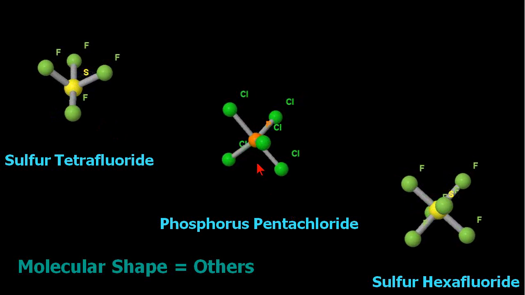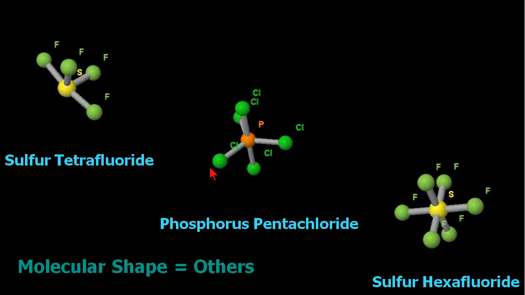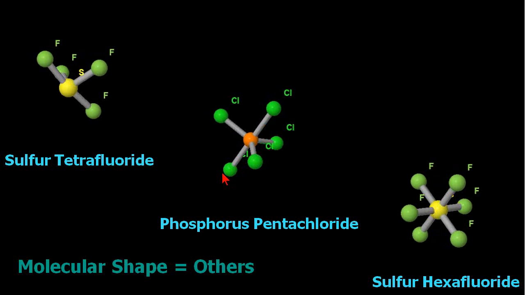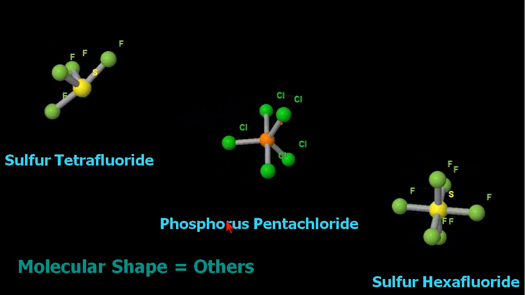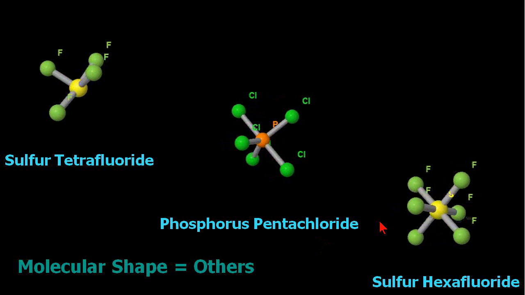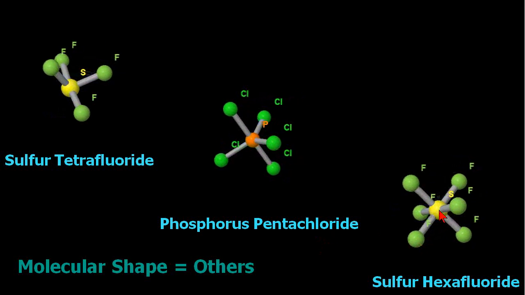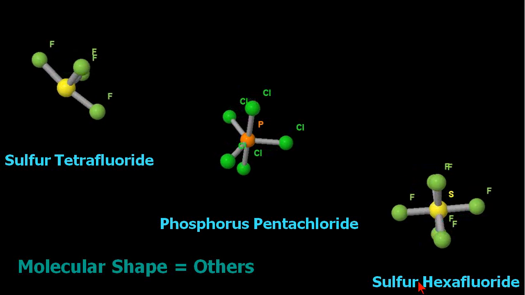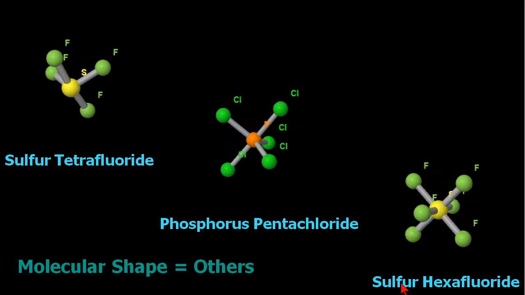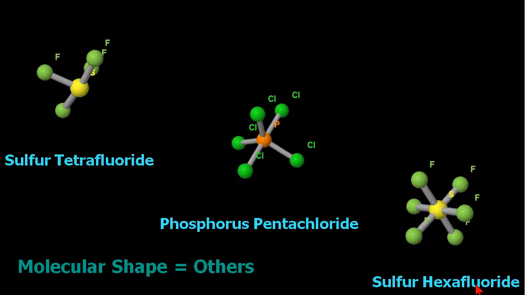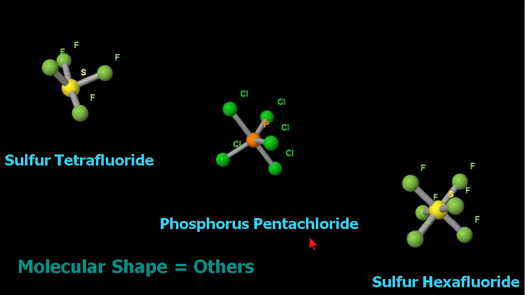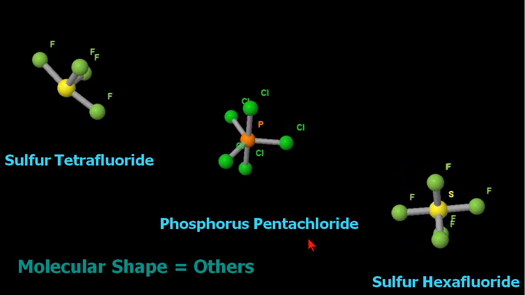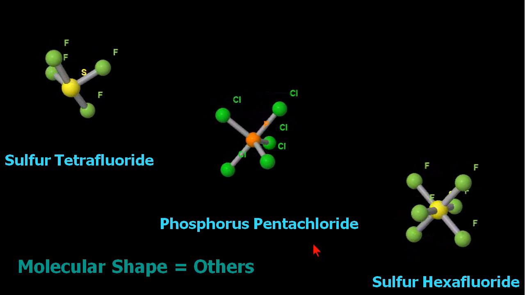If all 5 electron pairs are occupied with atoms, we have something like this phosphorus pentachloride shape. Or if we have 6 pairs of electrons around the central atom, we have the resulting sulfur hexafluoride. So there are other shapes that are present, and there are some very unique geometries.